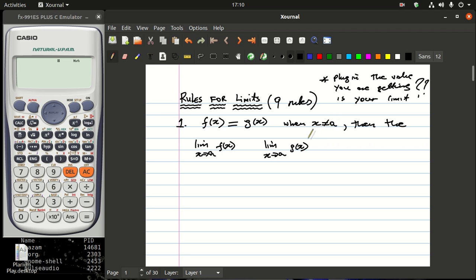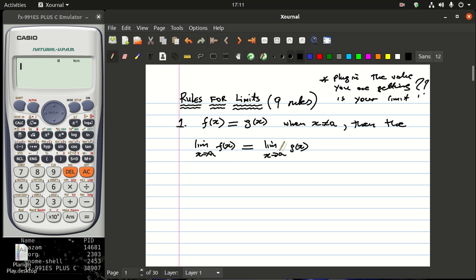So if that is the case, I pick a value so close and I plug it there. This function is supposed to be just equal to g of x. And the same thing, the limit as x approaches a of f of x is supposed to be equal to the limit of g of x.